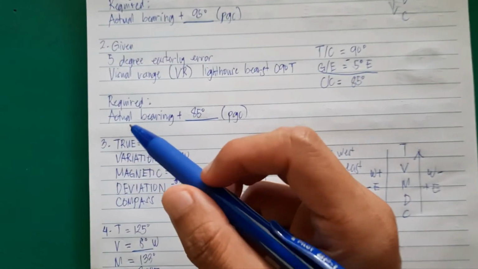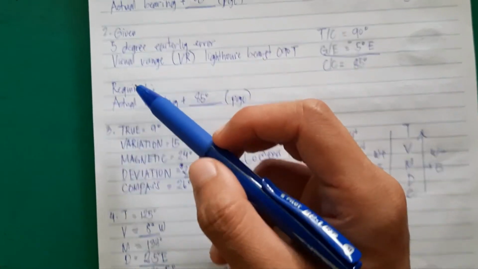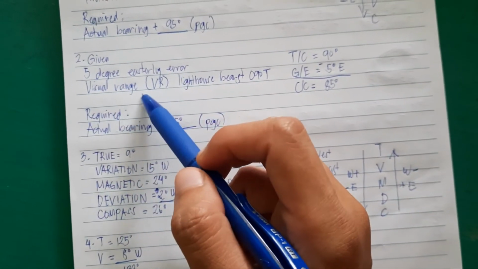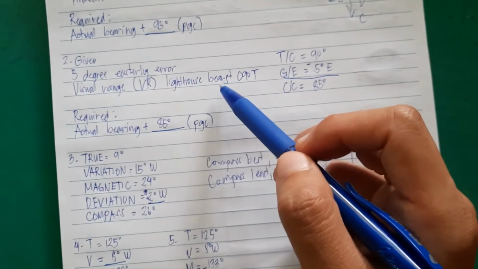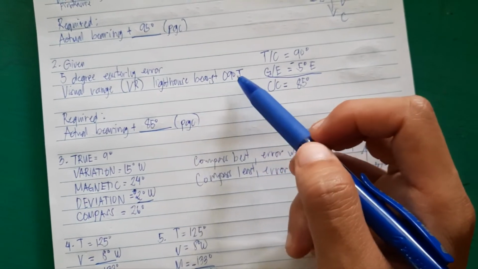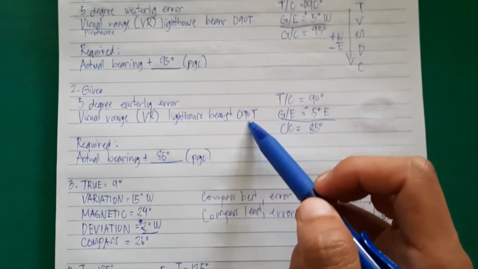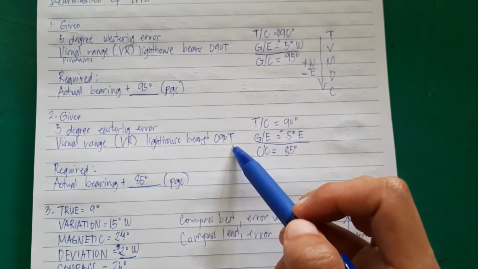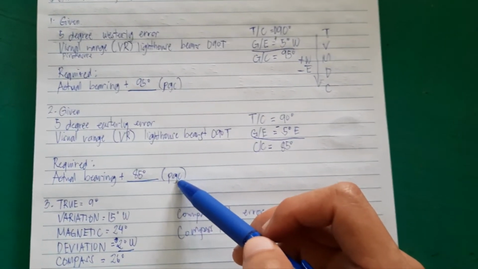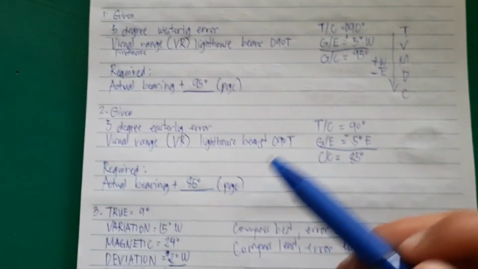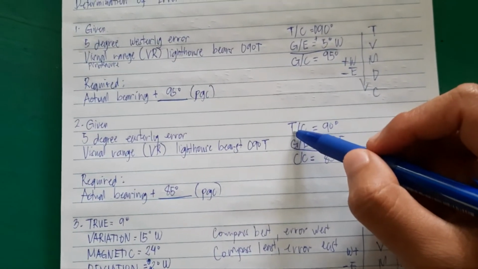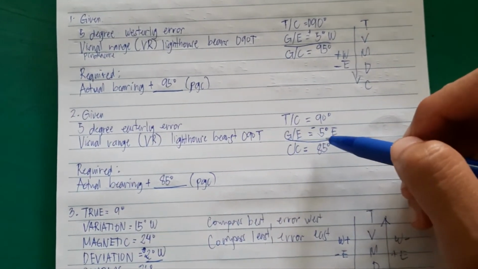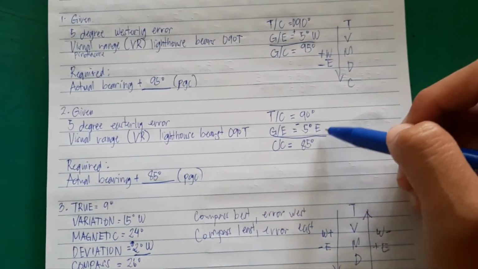And for number 2, given is a 5 degree easterly error. Visual range, lighthouse bears 090 true. So what we're going to find is the PGC, or per gyro compass. First, write the true course, which is 90 degrees, and the gyro error given is 5 degrees east.